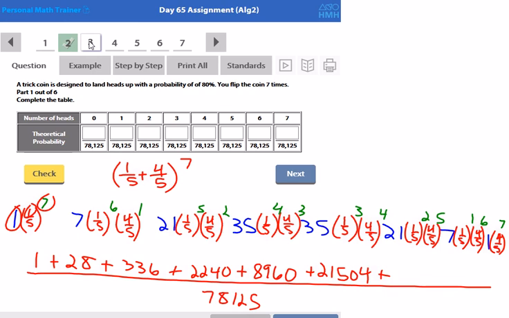Plus, so we got so far 1, 2, 3, 4, 5, 6. We have 2 left. 4 to the 6th times 7 is 28,672. Plus, finally, 4 to the 7th power is 16,384.